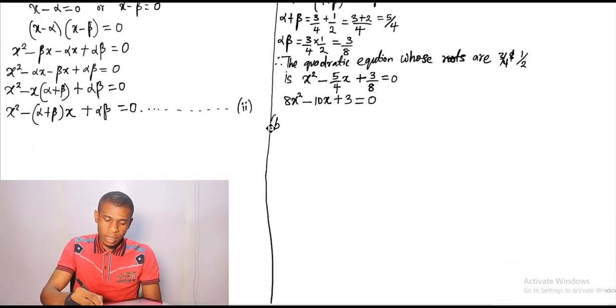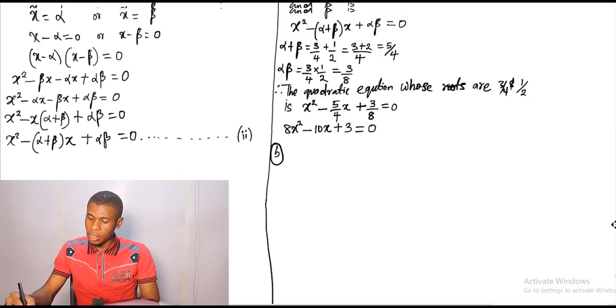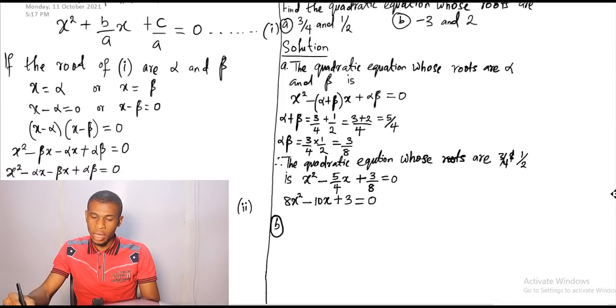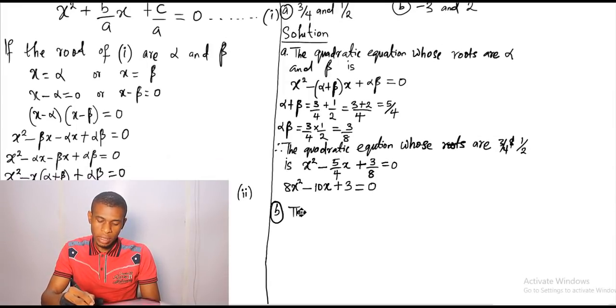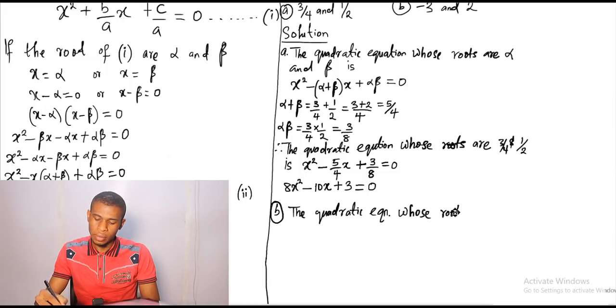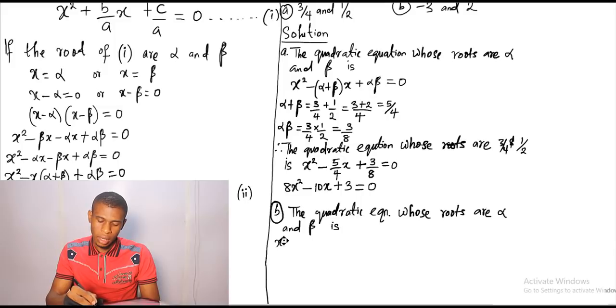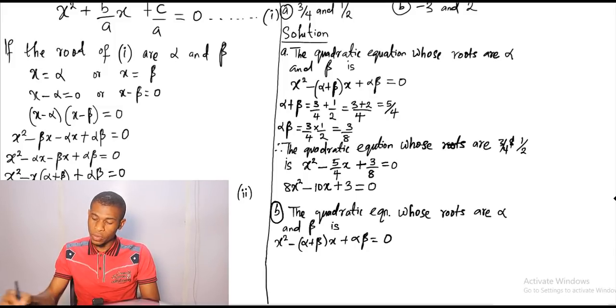Okay, let's look at the B part. The B part is minus 3 and 2. We also state that the quadratic equation whose roots are alpha and beta is x squared minus (alpha plus beta) x plus alpha beta equal to 0. Now get your sum of roots.